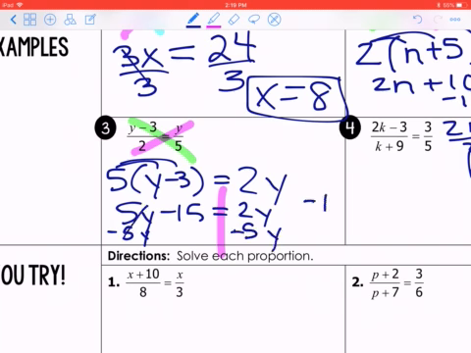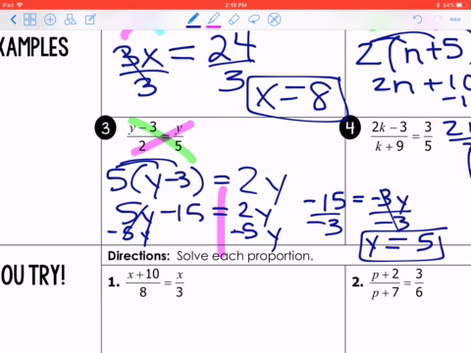And so we get negative 15 equals a negative 3y. We are going to divide by negative 3. And so we will get that y is equal to a positive 5, because you had a negative times a negative. All right. Hopefully this is making sense.